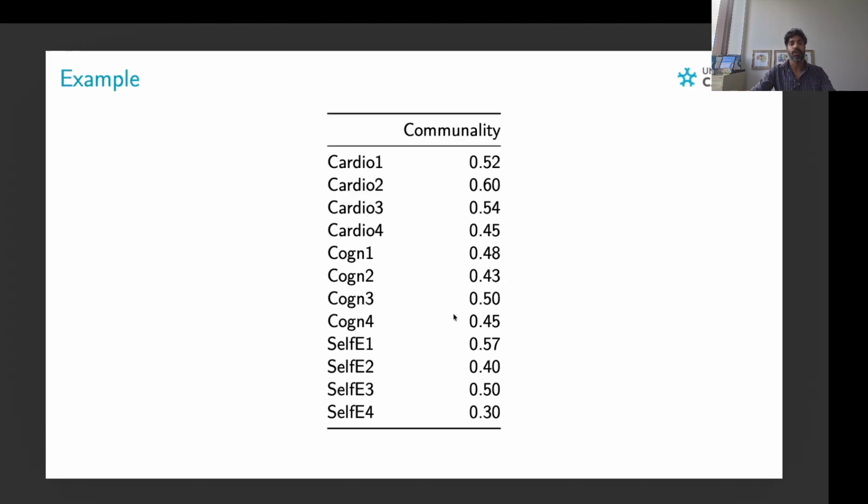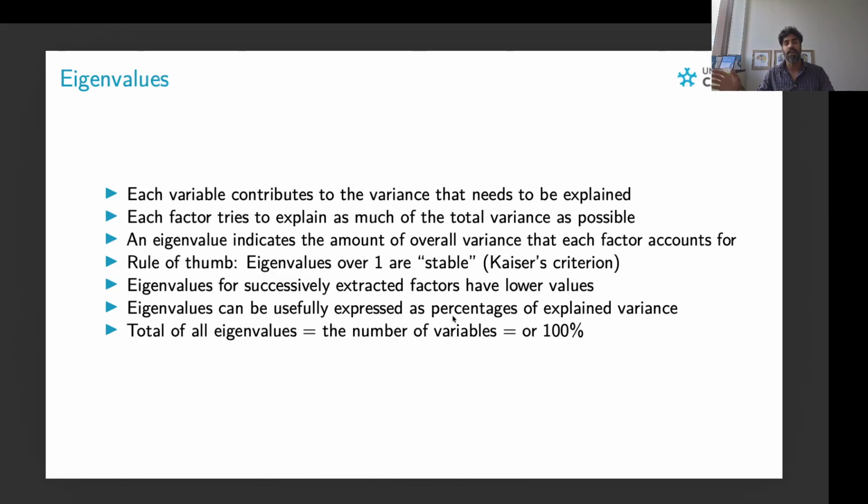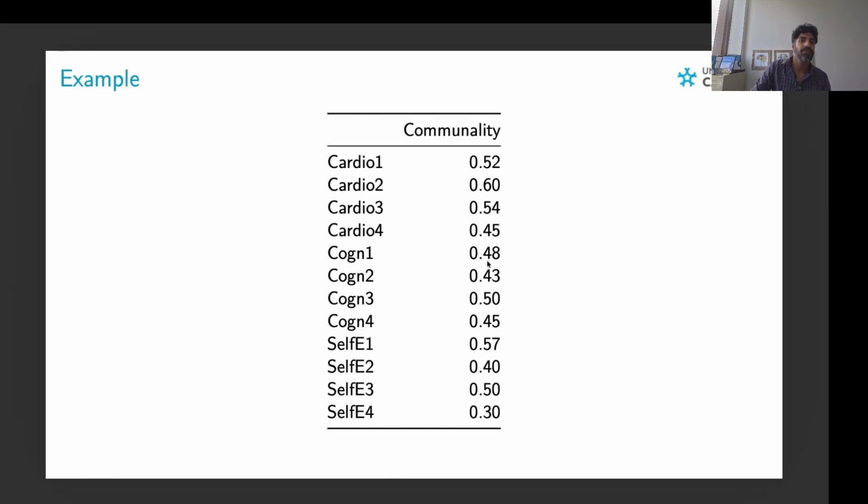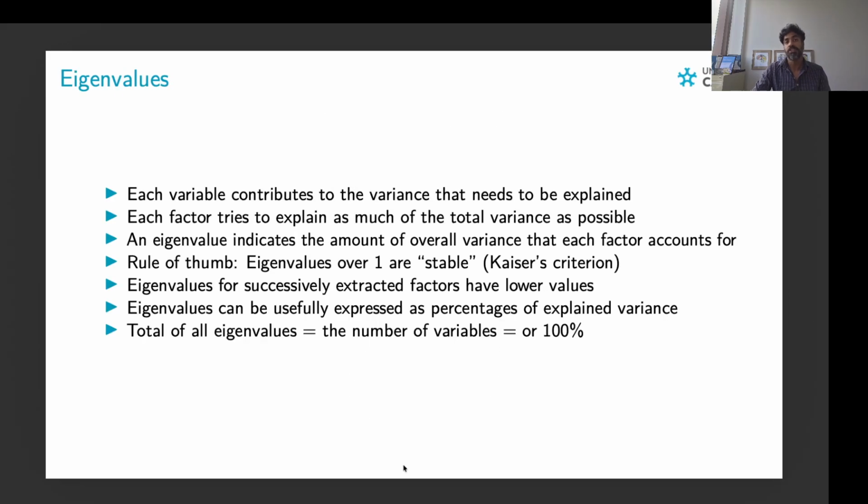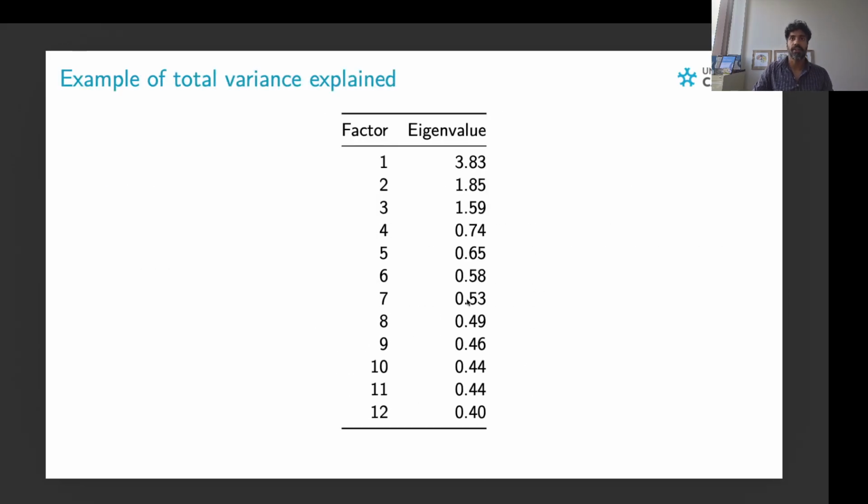So when you look at, and we'll look at one in a moment, in this example we have 12 items. When you do your analysis, you'll have 12 factors. And here are examples. So here's 12 factors that we have in this model.